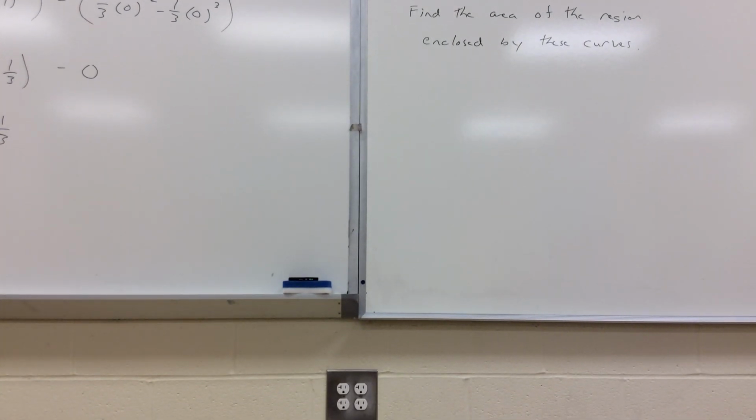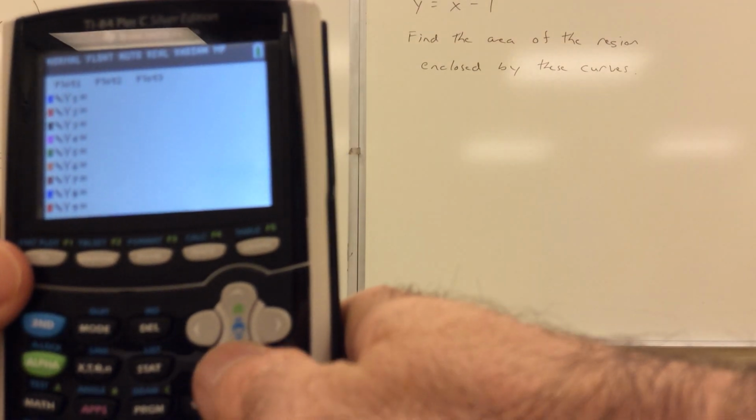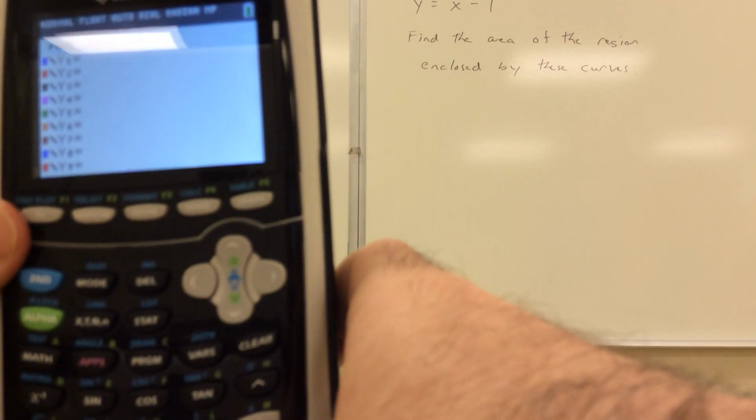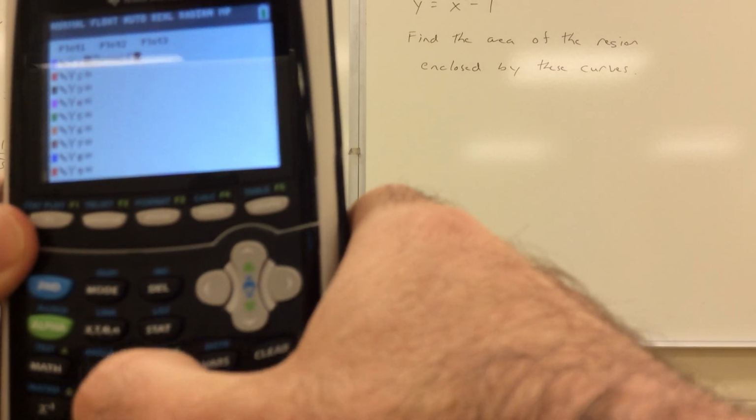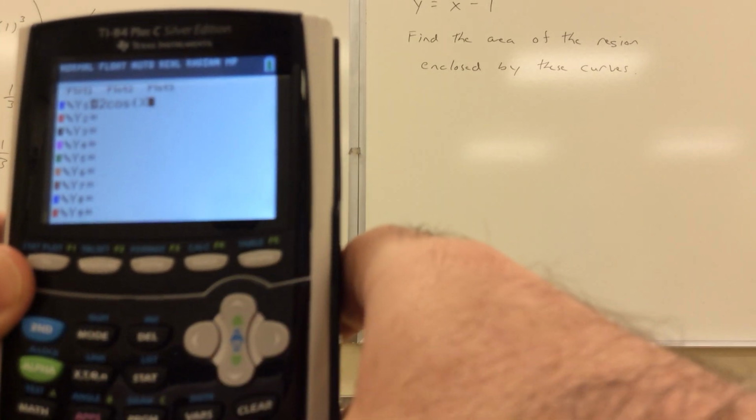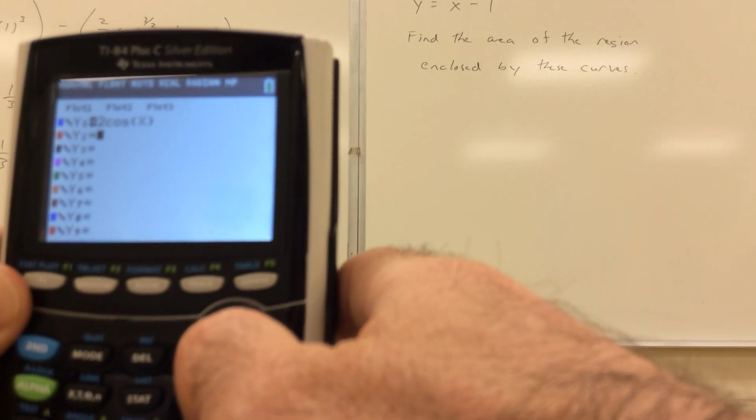Okay, so first thing you want to do is go to your y equals. So press y equals. And then type in 2 cosine x. Squared minus 1.